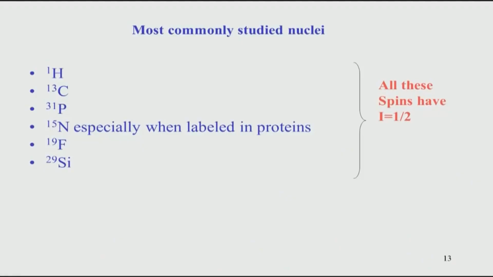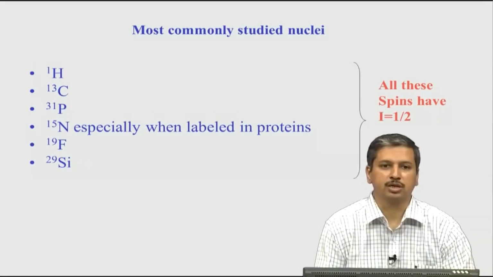So, today we will continue with that and look at what are the most common nuclei and how NMR spectroscopy is actually carried out. If you look at this slide, the most common nuclei that we study are listed here. Typically, of course, 90% of the NMR is carried out on protons, and the next most popular nucleus is carbon 13, and third is phosphorus 31.